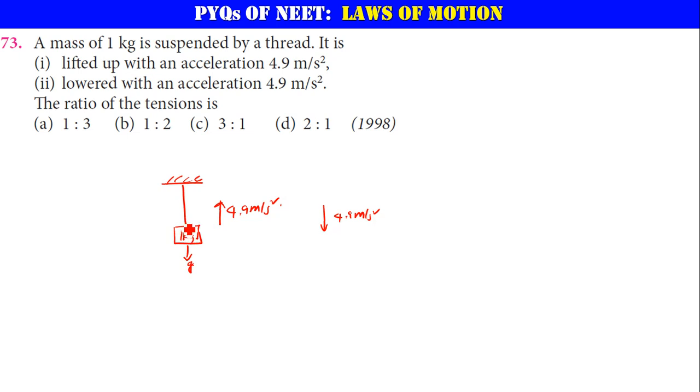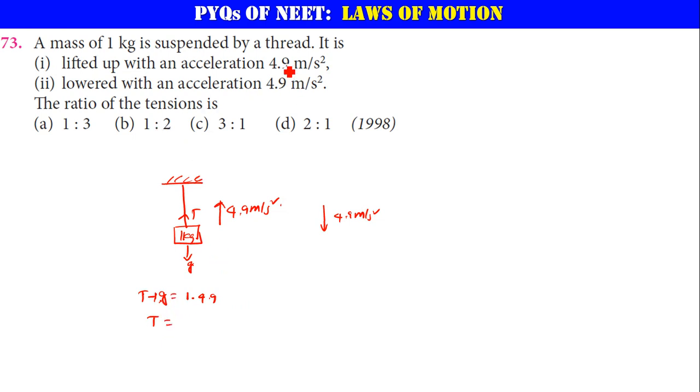Let us apply F net is equal to ma: T minus mg. M is equal to 1 here, so T minus g is equal to mass times acceleration. What is the mass here? 1 kg. Acceleration is 4.9. It is also 1 into g. So let me rewrite this as T minus 1 into g is equal to 1 into 4.9.